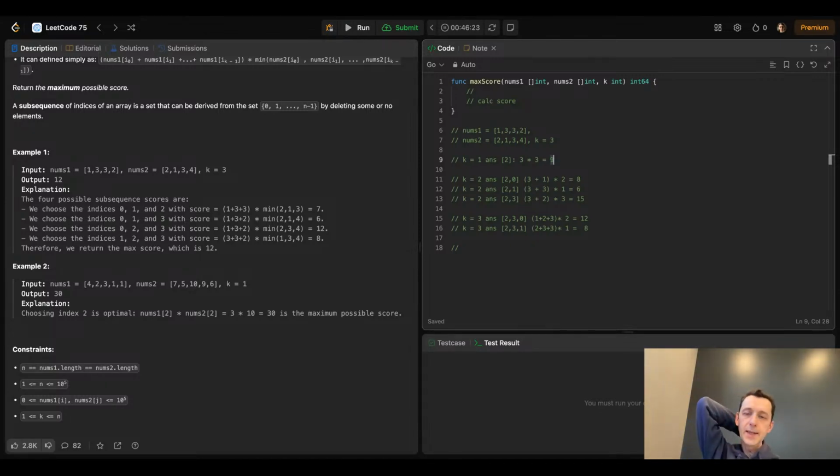Could we implement it efficiently? That's kind of the question.